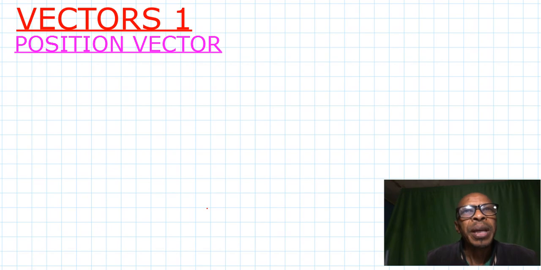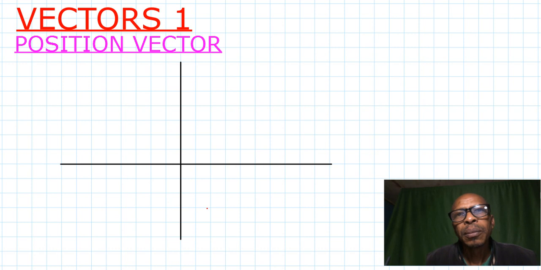So if we draw our Cartesian plane here, let's draw our Cartesian plane. So that is our Cartesian plane. Then we have that, not x but y. That is our x. We say 0, 1, 2, 3, 4, 5, 6, 7, 8, 9.